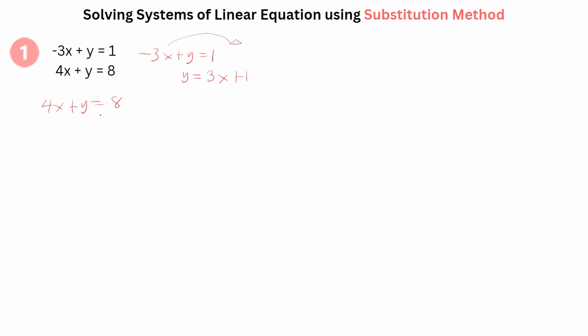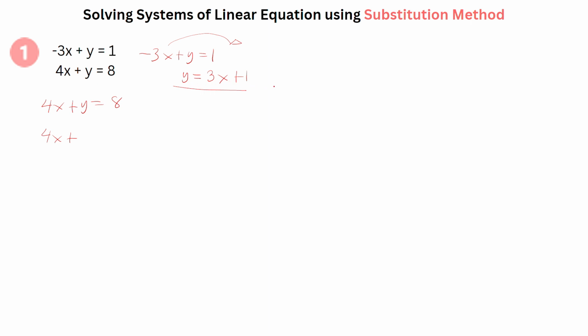What I will do is I will rewrite it. So 4x plus, now I am supposed to write y, right? However, I should take a look here. y is also equal to 3x plus 1. So in other words, they're exactly the same thing.